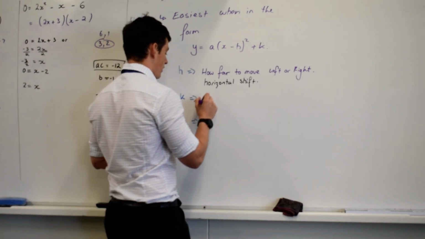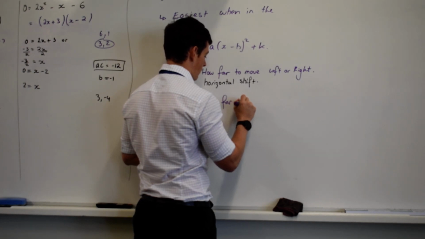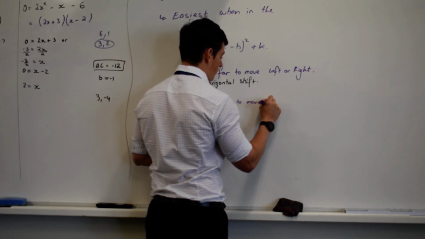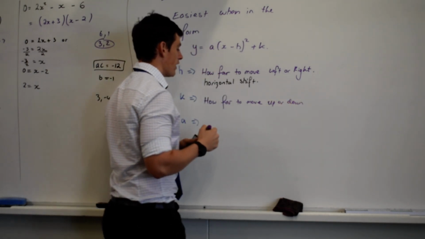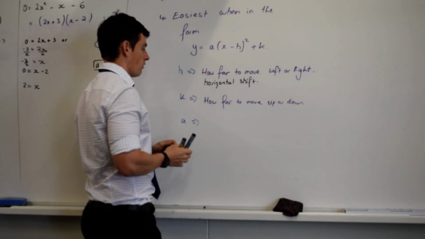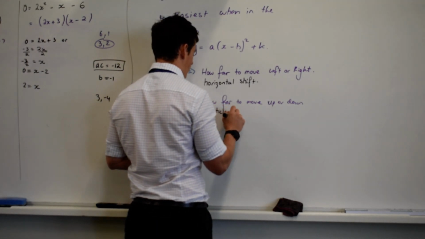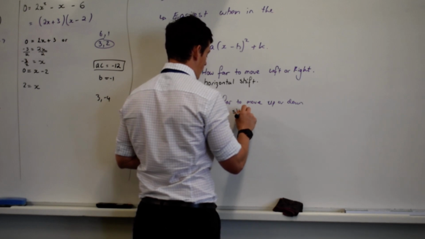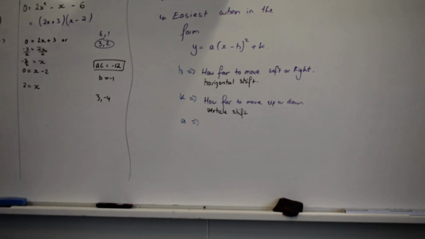How far up or down? What do we call that? Very good. If K is positive, we're moving it up, and if K is negative, we're moving it down. I can't spell vertical, it's one of my curses.